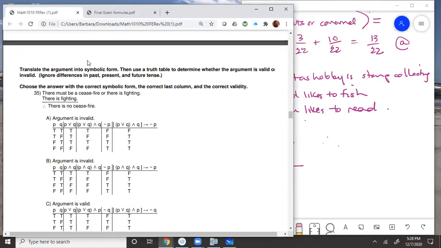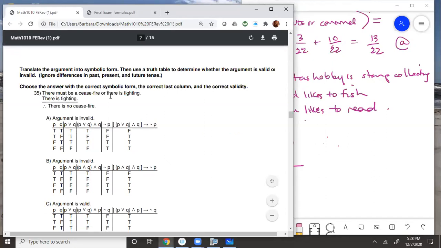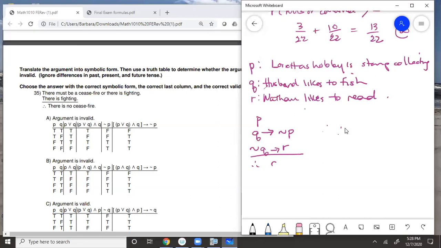Okay, translate the argument into symbolic form, then use a truth table to determine whether the argument is valid or invalid. Choose the answer with the correct symbolic form. There must be a ceasefire or there's fighting. There's fighting, therefore there's no ceasefire. Okay, so let's put this in symbol form.